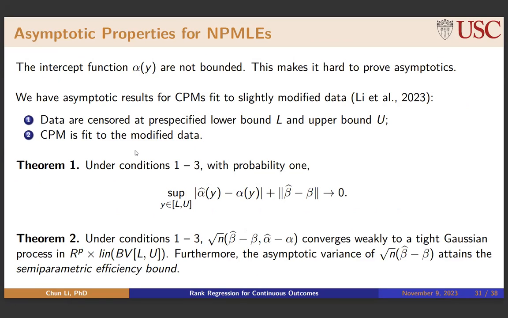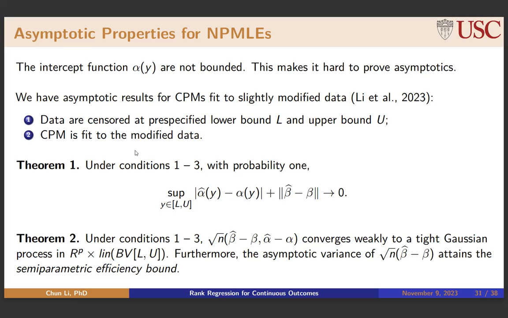All right, asymptotics. We proved asymptotics. This turned out to be hard. I didn't prove it. My collaborator did it. Basically, there's a challenge because the alpha intercept function is unknown and is estimated, and its possible values go from negative infinity to positive infinity.